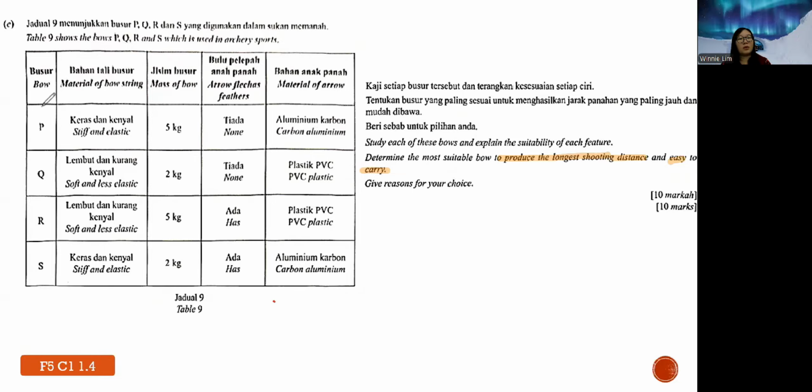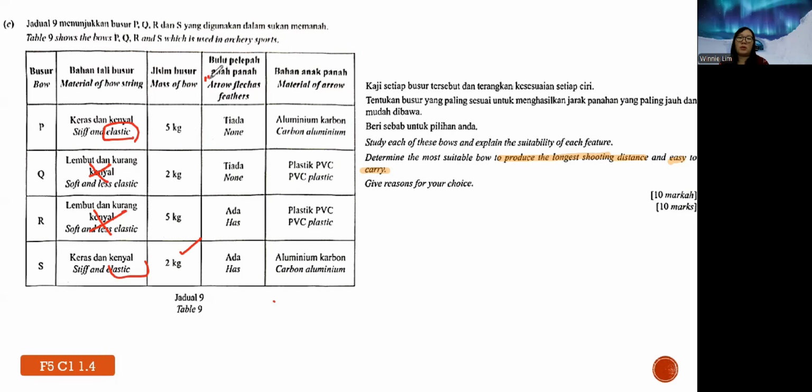Okay, so let's go through which is the best one. The material of the bowstring, should it be elastic or less elastic? Generally it should be elastic, right? So the last one is already not right. Then do you want the bow to be heavier? Lighter is better, correct? Actually, you already get the answer.